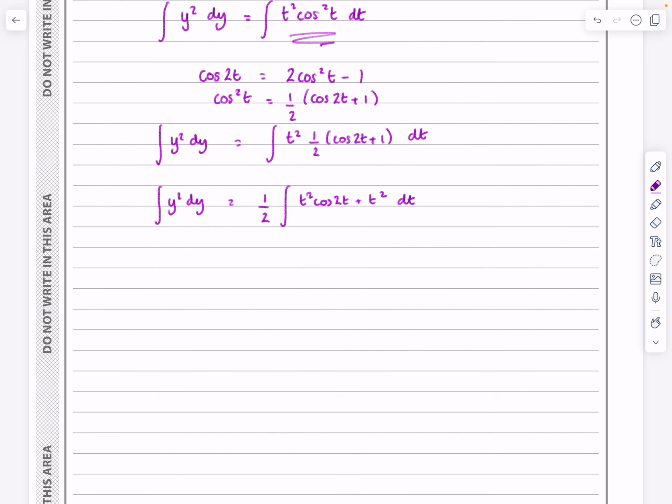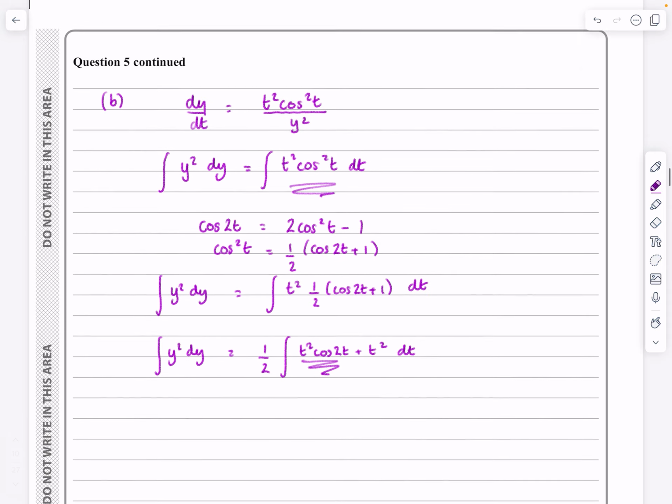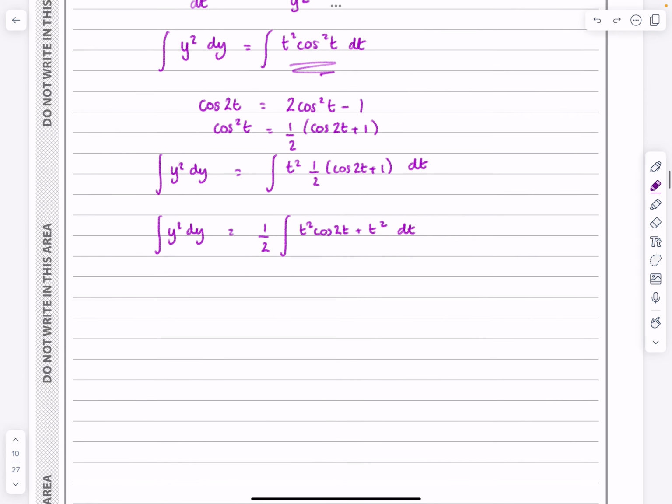Okay, well, looking at that now, at least here then, I've got the integral of t squared cos 2t, x squared cos 2x. So brilliant. I don't think I've made any mistakes here in trying to tidy this all up. I can integrate this part using my previous answer, and I can integrate this part just because I know how to integrate t squared. It's t cubed over 3.